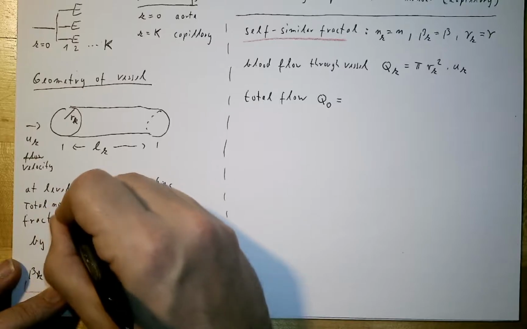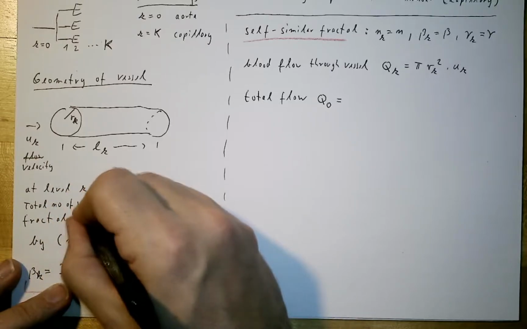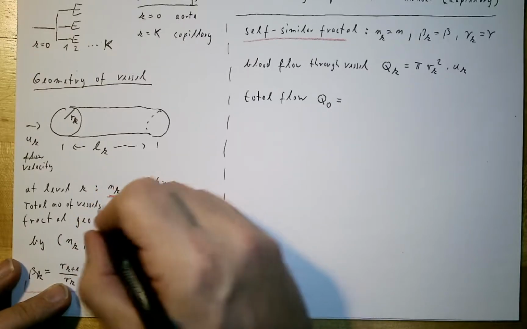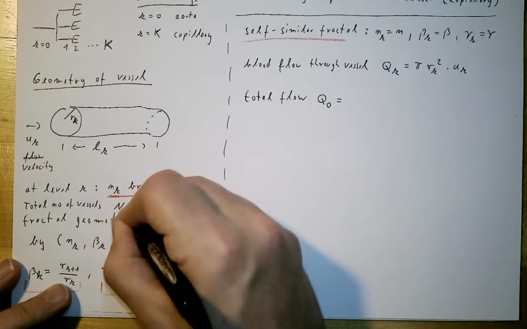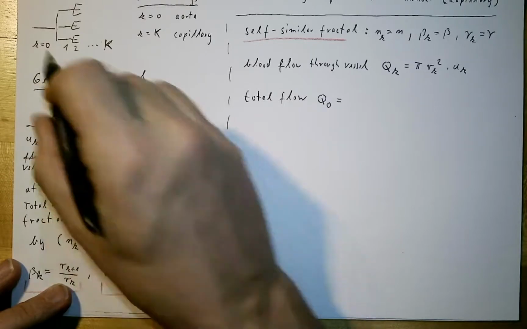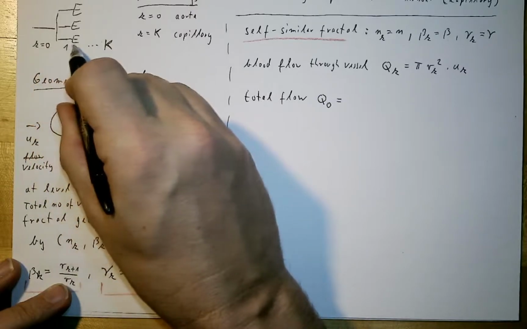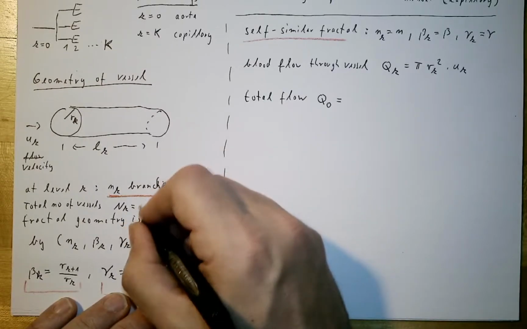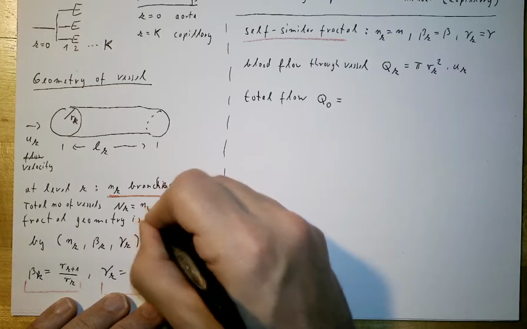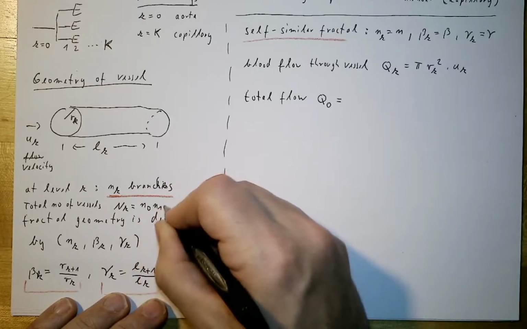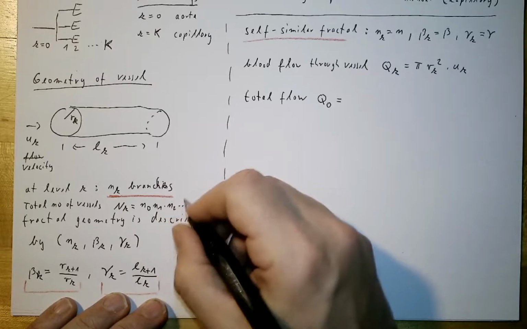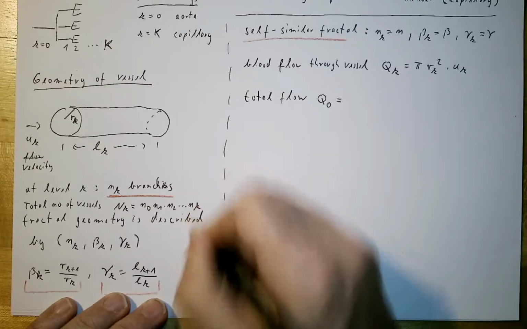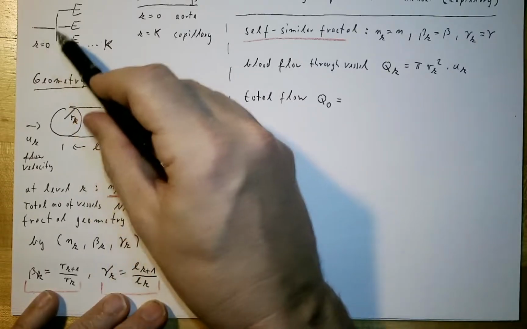Total number of vessels. We call this NK. That's the number of vessels at a certain depth in the fractal, and NK is n0 times n1 times n2 until nk, because we have to multiply in every branching.